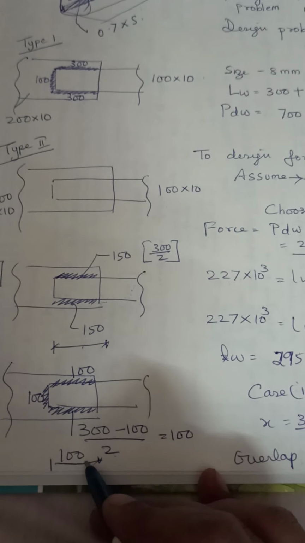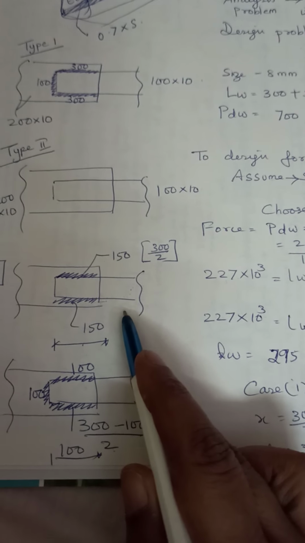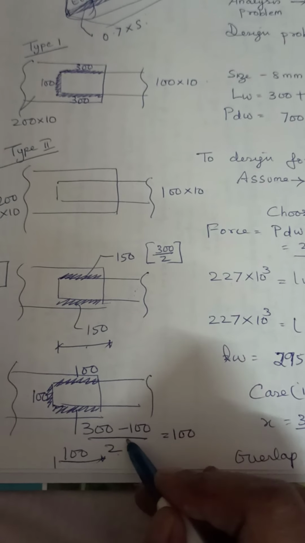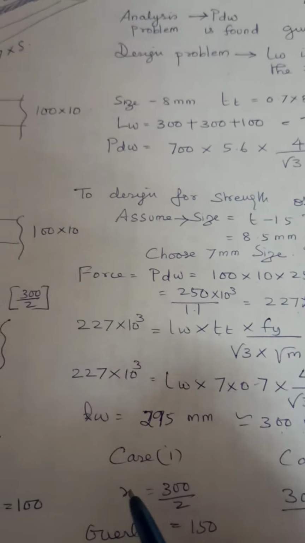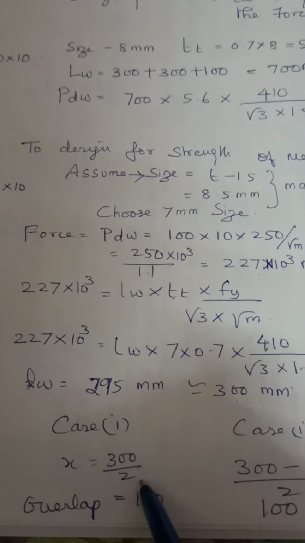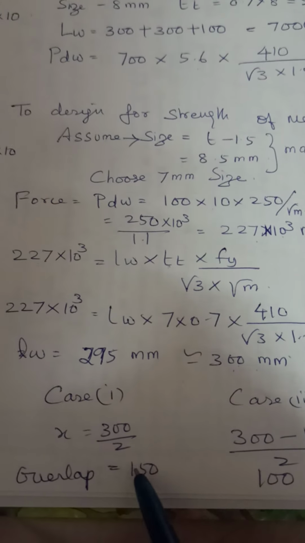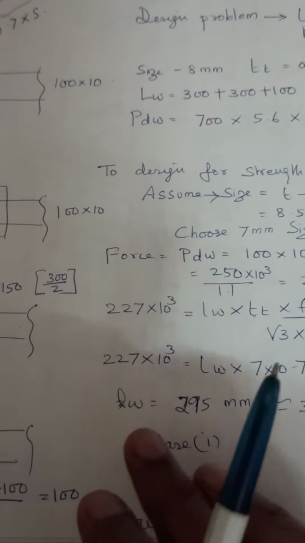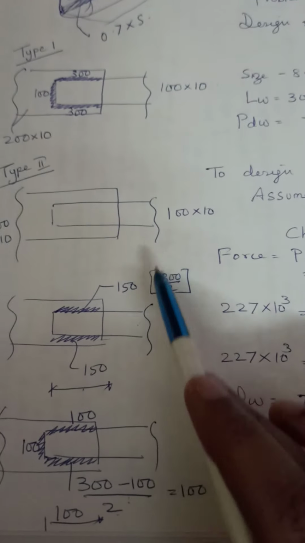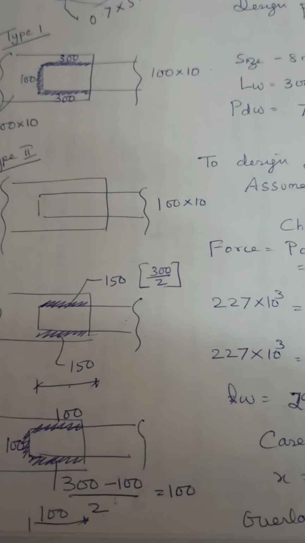Here the overlap is 100 mm. Case 1 is with only side welds, and case 2 is with end welds. As per the conditions we can have two types of welds, and we can define the overlap of the plates. So this is a basic analysis problem and design problem which I have discussed for welded sections.